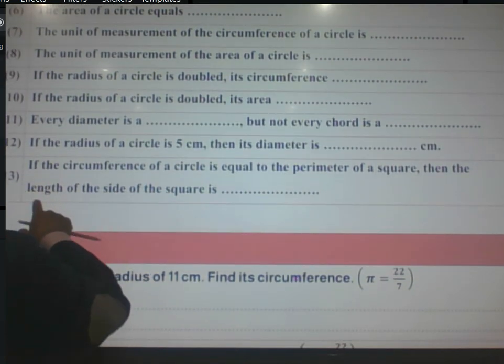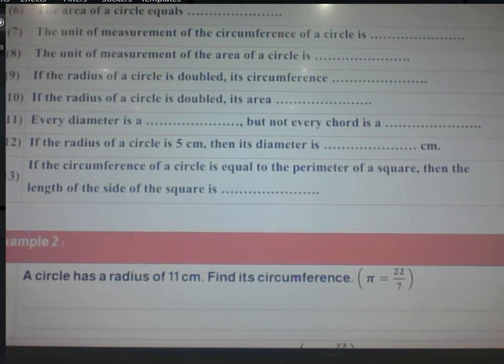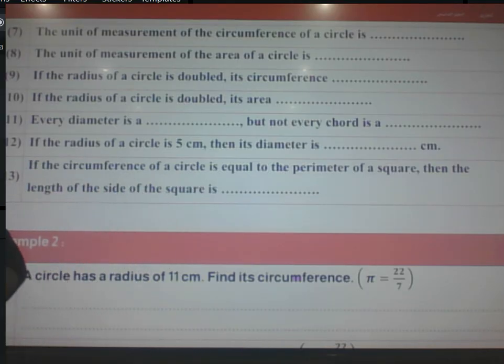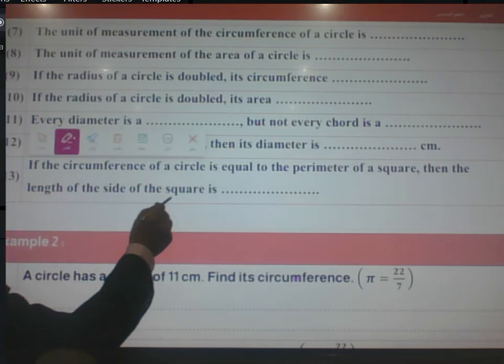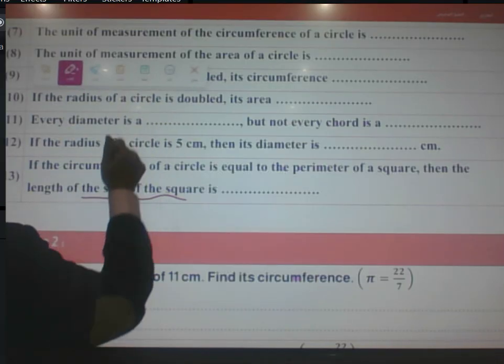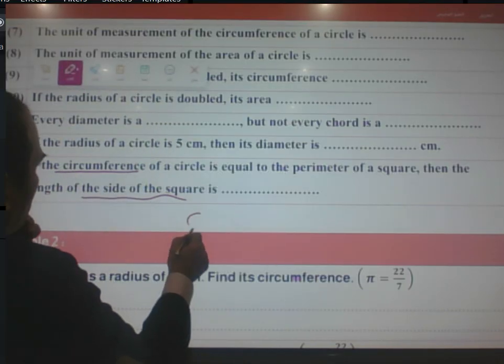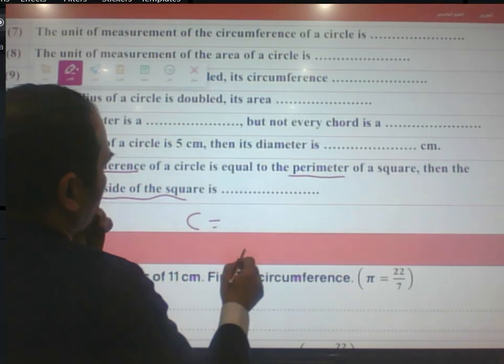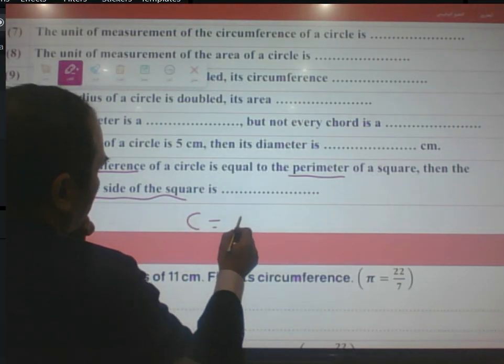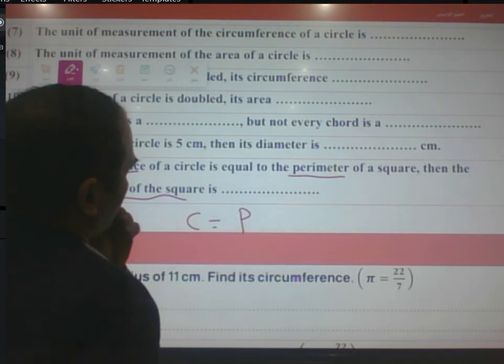Okay, number 13. The circumference of a circle is equal to the perimeter of a square. Then the length of the side of the square will be equal to what? He gives me that the circumference of the circle is equal to the perimeter of the square.